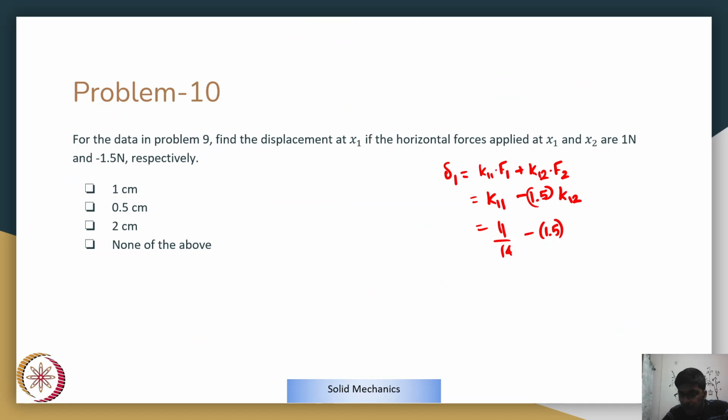It's minus 2 by 14. So it's 11 by 14 plus 3 by 14, which is nothing but 14 by 14 equaling 1. So we have also found the displacement for this particular point. That solves this problem as well.